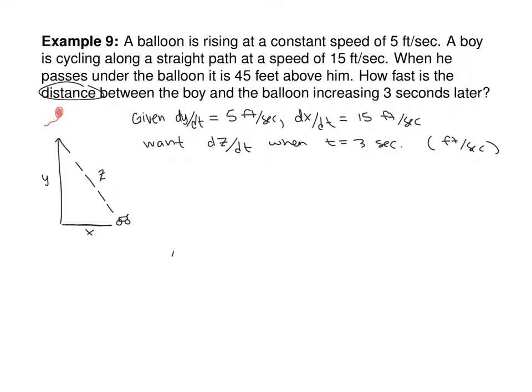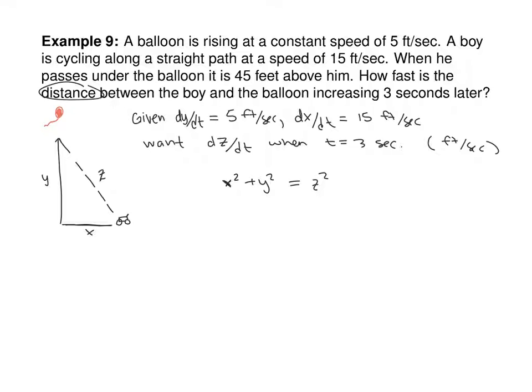So this question asks nothing about angles, so don't go using a trigonometric function, that'd be silly. So what equation relates x, y, and z together? Yep, x squared plus y squared equals z squared. Is that okay?